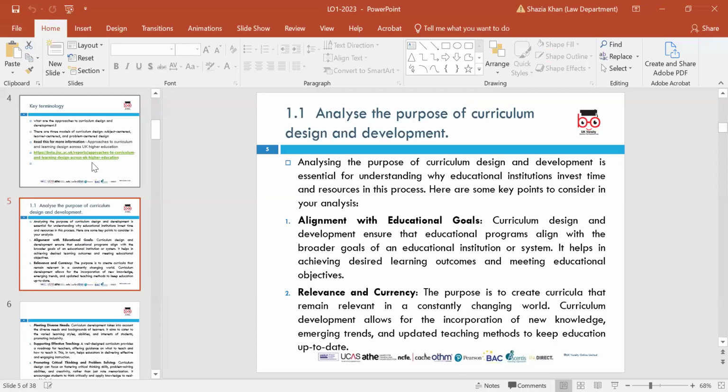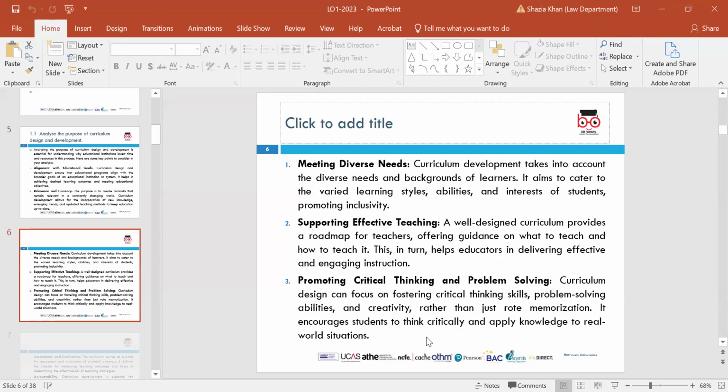So we look at things like, the first one on there, aligning with educational goals. So making sure that we are ensuring that it aligns with the education institution and achieving learning outcomes and educational objectives. Relevance and currency. So the purpose is to create a curriculum design that is relevant and is for identifying new knowledge, emerging trends and updated teaching methods to keep up to date with everything.